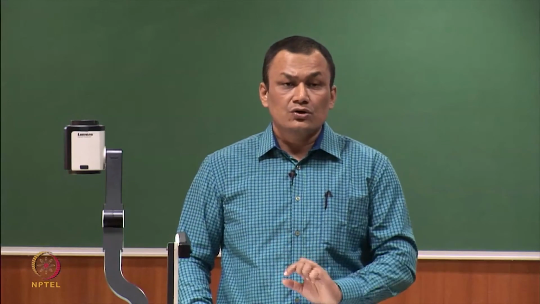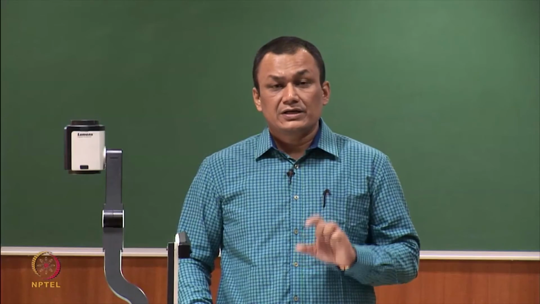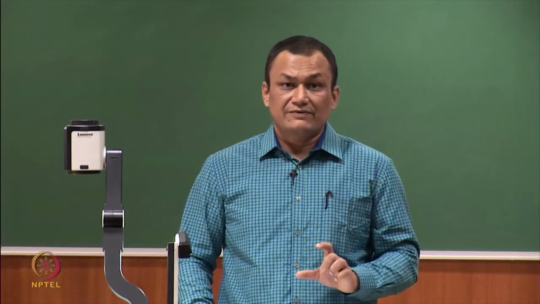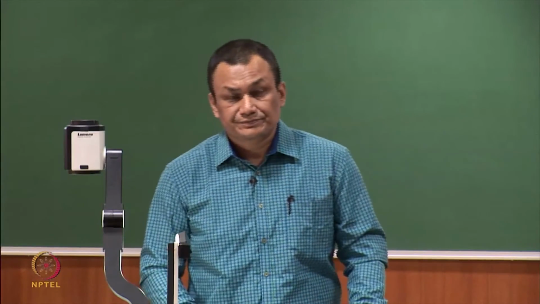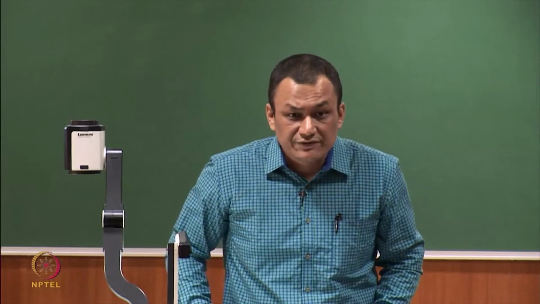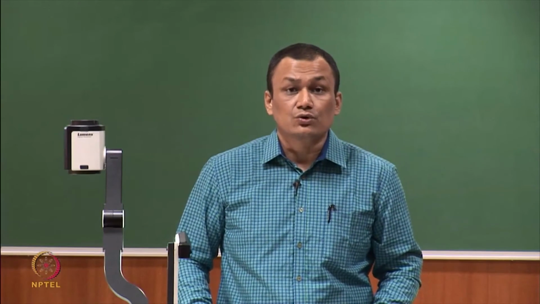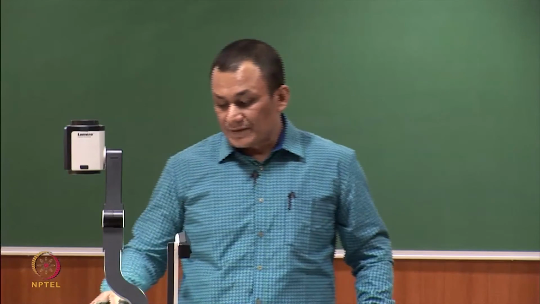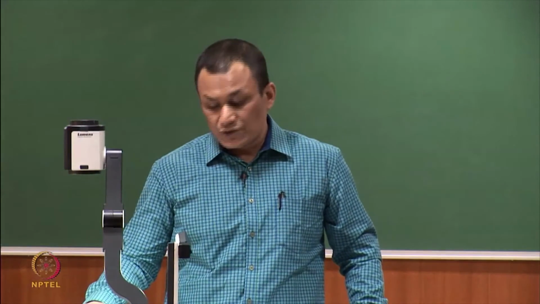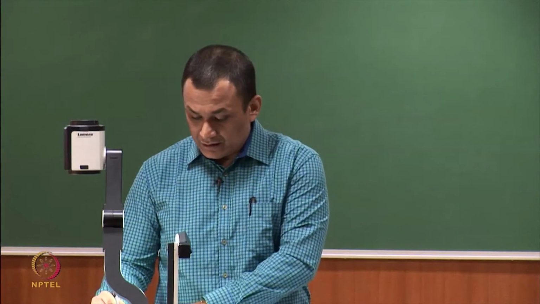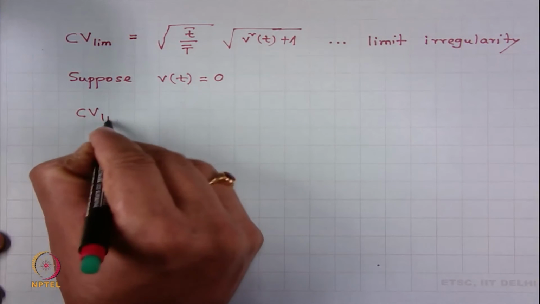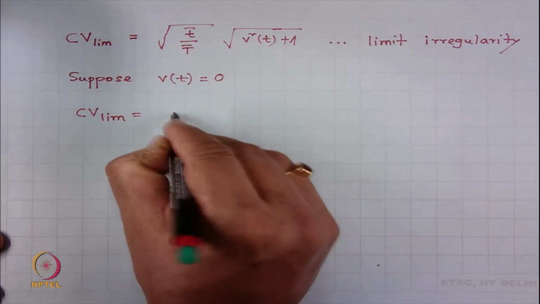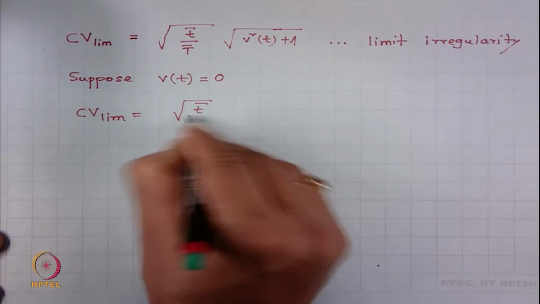So, there is no irregularity of fiber fineness. So, the CV of fiber fineness is 0. If we substitute V t is equal to 0 here, what will we find? CV limit will be this.